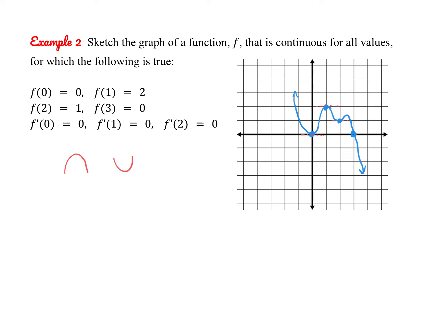Or alternatively, instead of completely turning around like we saw in that last example, our graph could just flatten out. I'll show that in green. It could flatten out and then just continue onward like this. So either way, at this point, the slope of our function is equal to 0, and either way would technically fit the characteristics given in the example.